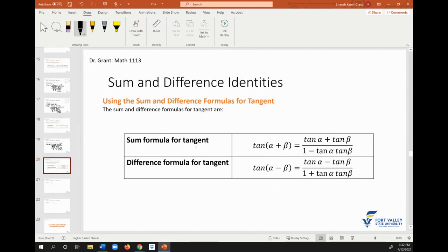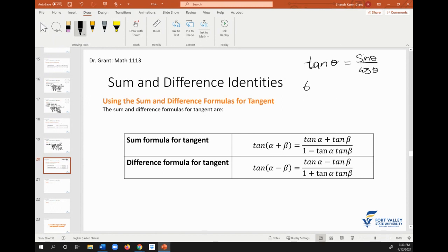All right, so for instance, let's say we have tan. Now, remember, we know that tan of theta is sine over cosine, and I just want to make sure we don't make this mistake.